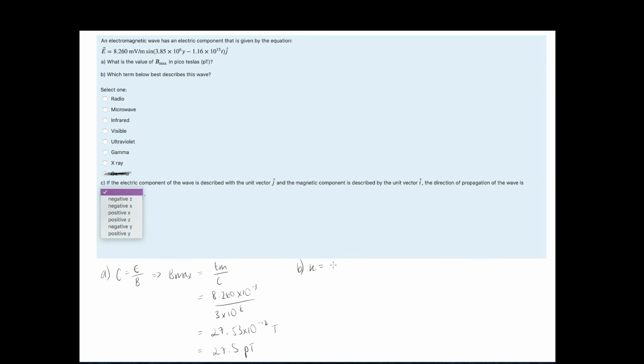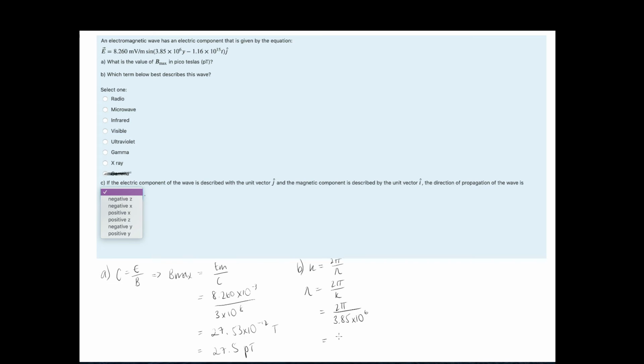So wavelength is related to k by k equals 2 pi divided by lambda. Therefore, lambda is 2 pi divided by k. Now, our k in this instance is our 3.85 times 10 to the 6.